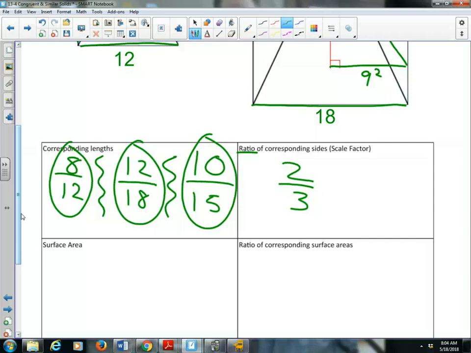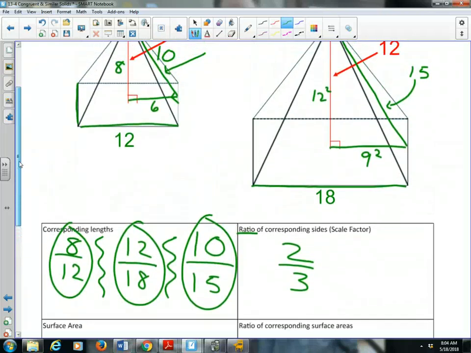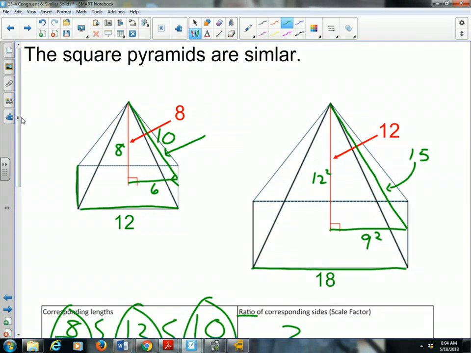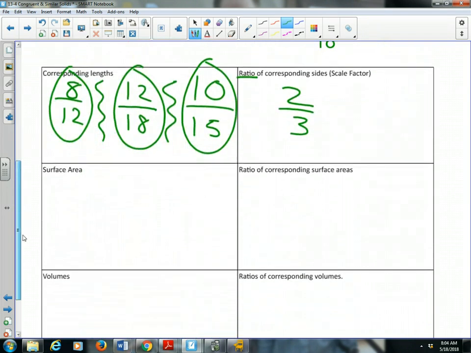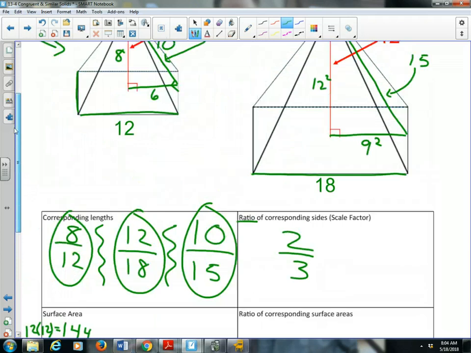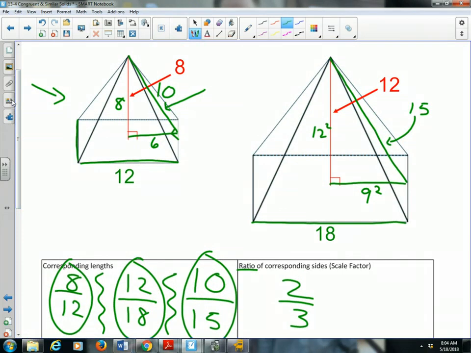Now I want you to notice something very specific. Let's find the surface area of both of these. The surface area of the left pyramid is the area of the base, 12 times 12, which is 144. Then we have 4 triangles that are all the same. If I fold down one of these triangles, 12 is the base and the height is the slant height, which we found to be 10.